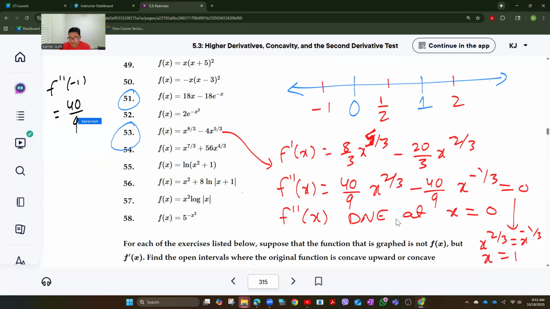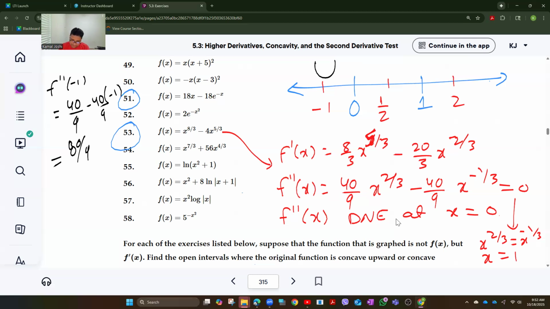It's 1, so I only need to know whether it's +1 or -1 when you take any exponent. Whereas the second one is cube root, x to the 1 over 3, and 1 is also odd. So the numerator decides whether it will be plus or minus. When you plug in -1, it will stay as -1. As a result, that will be -40 over 9 times -1, which will make it plus, and so you will get 80 over 9. It is positive, so it's going to be concave up here.